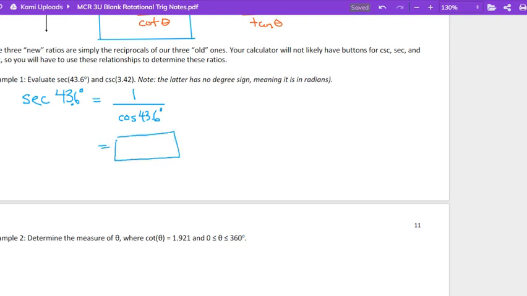I'm going to make up calculator buttons. So you're going to find cos of 43.6, and then folks, you have a special button on your calculator. It might look like an x to the negative 1, or it might look like a 1 over x button.